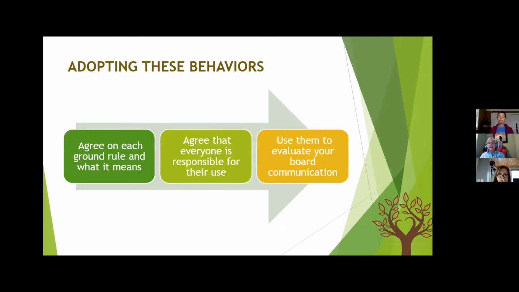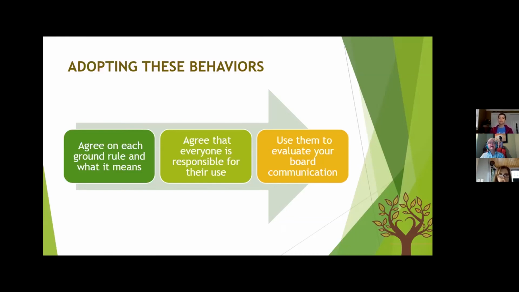And then third, the board should use these ground rules, revisit them occasionally, talk about them specifically at a meeting, and evaluate how your board is communicating with each other, with your donors, with people in the community, and those types of things.